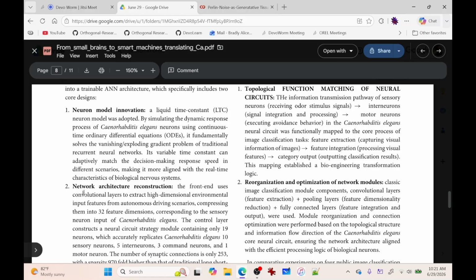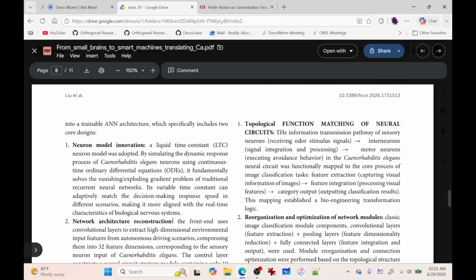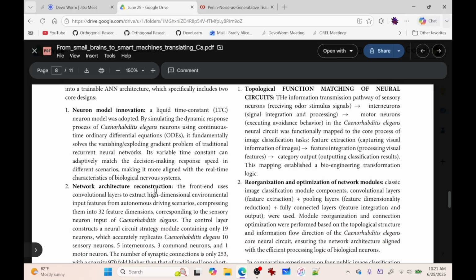The front end uses convolutional layers to extract high-dimensional environmental input features from autonomous driving scenarios, compressing them into 32 feature dimensions, corresponding to the sensory neuron input of C. elegans. So they have these two different things: the liquid time constant neuron model, and this network architecture reconstruction, where convolutional layers are used to extract high-dimensional environmental input features.